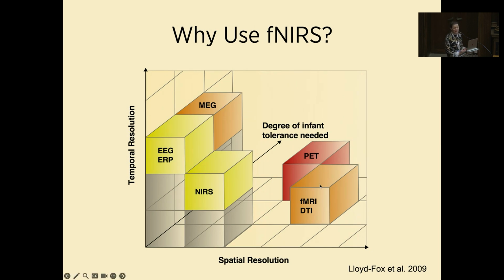MEG, PET, or MRI are not quite suitable for small children or young babies because they are uncomfortable or actually quite invasive, say PET with the isotope. While NIRS and EEG are two techniques that are very comfortable even for young infants to participate in.